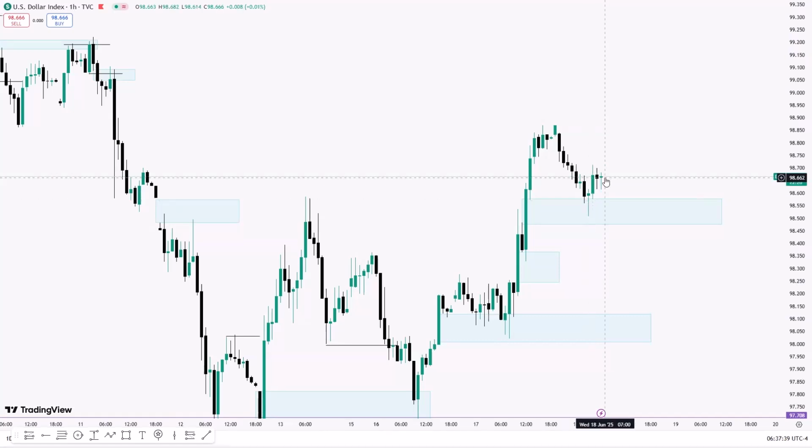If you are taking an entry here, you know where the stop loss should be. That was the confirmation I talked about, the swing low. So what more confirmation are you looking for?